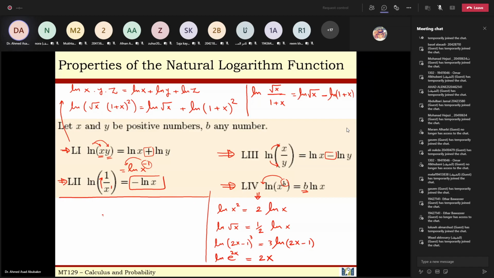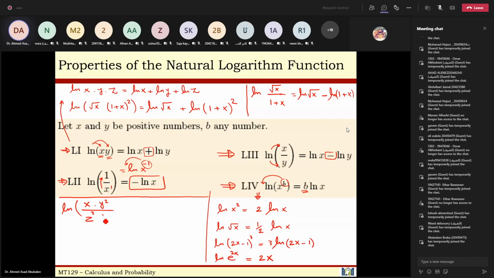I will ask you about a mix between multiplication and division. For example, if we have ln of x multiplied by y squared over z to the power 3 times e to the power x. How can we distribute the ln?